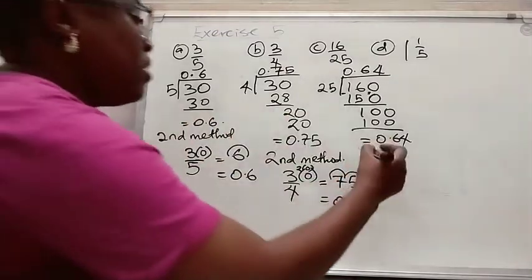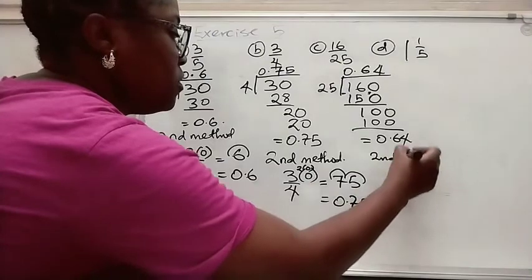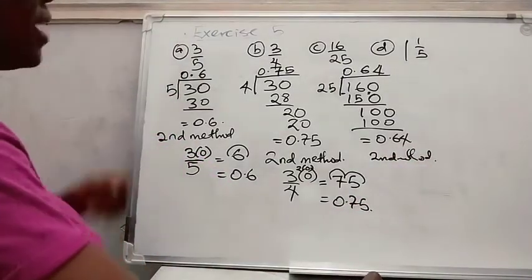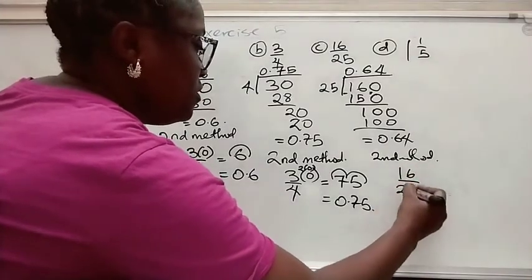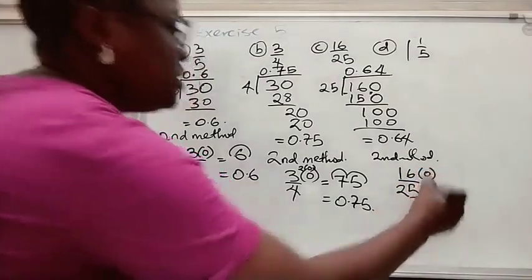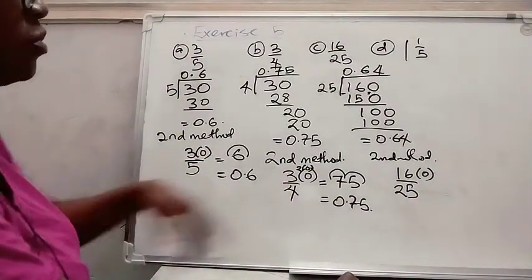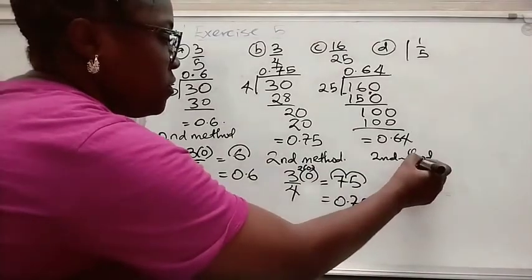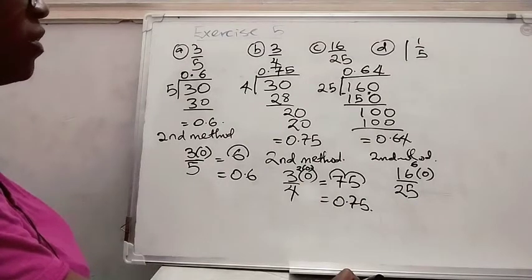So let's try my second method. It goes like this. We'll say 16/25. There'll be an imaginary 0 there, right? So 25 divided by 160 will give us what? 6.